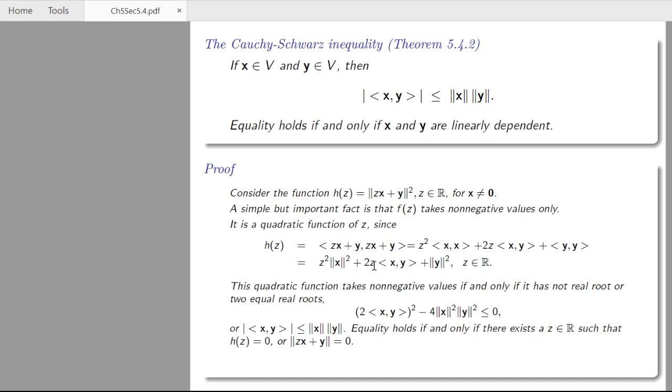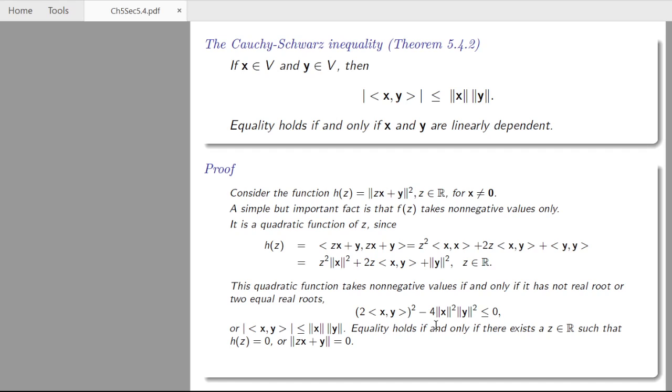So the coefficient of the z term, that's 2 times the inner product of x and y, squared, minus 4 times the coefficient of z squared and the constant term, should be less than or equal to 0. Now we have 2 squared, that's 4, so we can divide both sides of the inequality by 4.